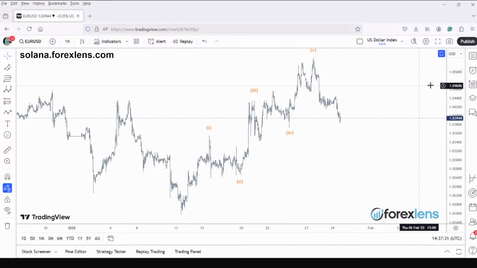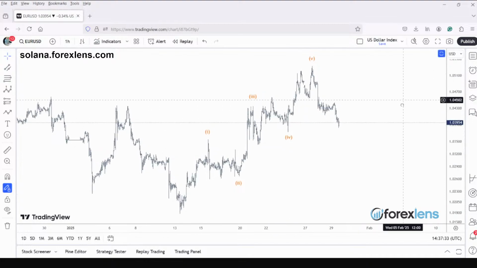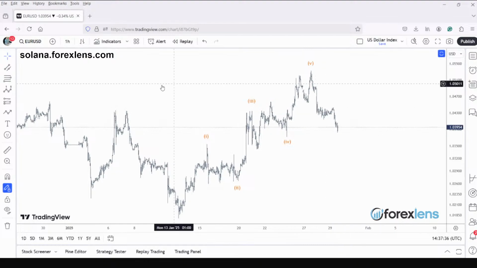And what we are seeing on the right hand side is pretty much a lower degree 5 wave.